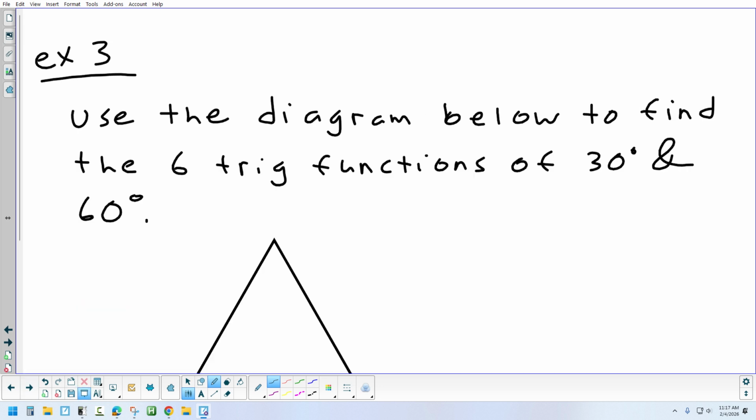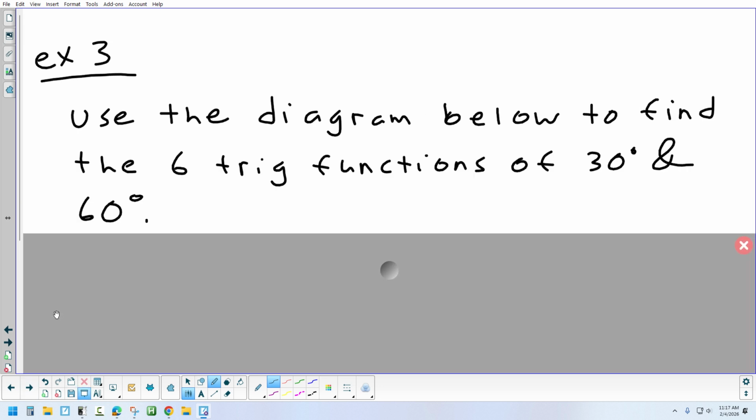The other one I want to look at is the 6 trig functions of 30 and 60. Again, I'm not going to give you a diagram. What kind of triangle has 60-degree angles in it? An obtuse could have a 60-degree angle, but I'm looking for a triangle that has only 60-degree angles.